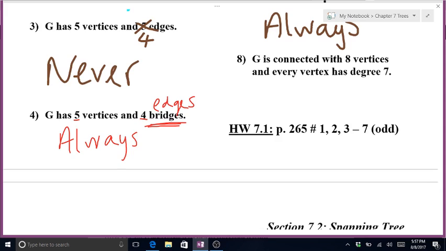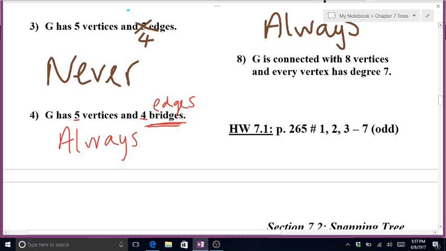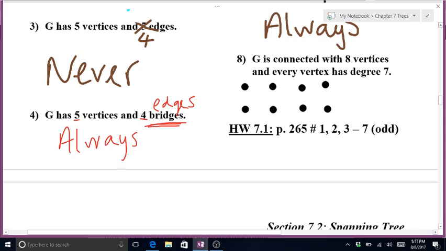And number 8, G is connected with 8 vertices, and every vertex has a degree of 7. Think of what that means for a vertex to have a degree of 7. Let me draw you a picture here so you can kind of visualize it. So we've got 8 dots. 1, 2, 3, 4, 5, 6, 7, 8. 8 vertices, and each one of these has a degree of 7, which means there are 7 lines that come off of each one of these dots.